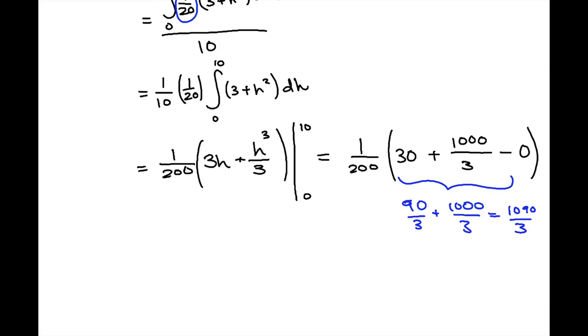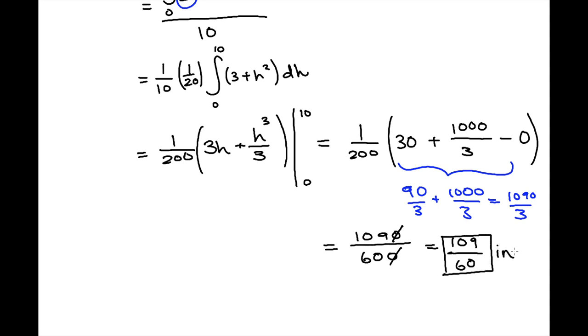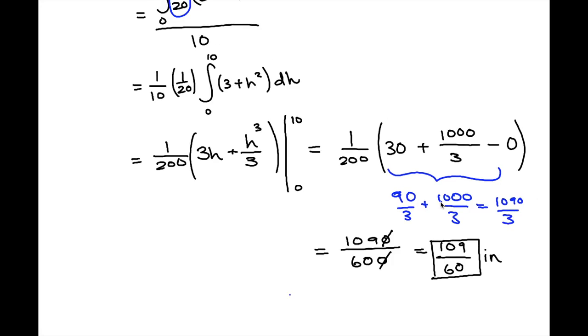Then we multiply by 1 over 200, so we're left with 1,090 over 600. That cancels down, so we're just left with 109 over 60. That would be our final answer, and of course, this would have units of inches. That's the first part there.